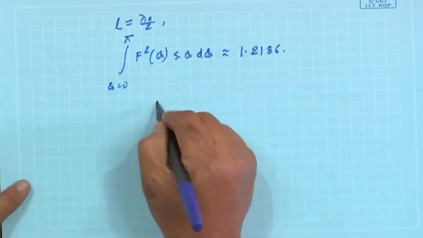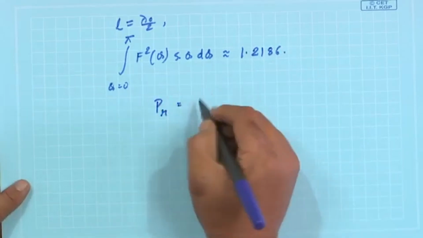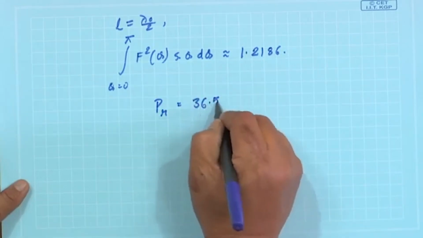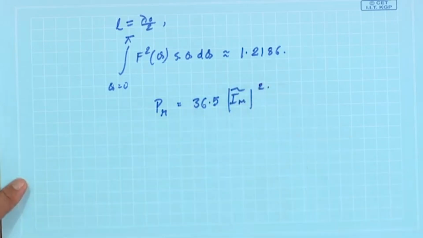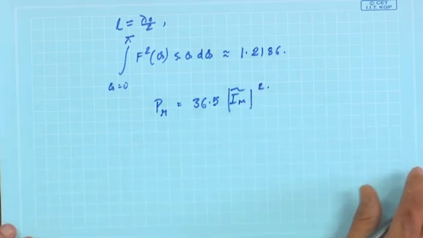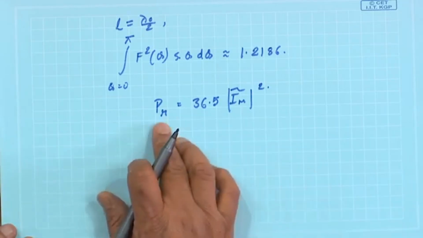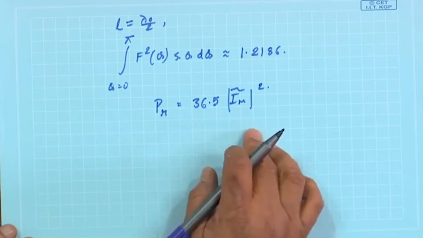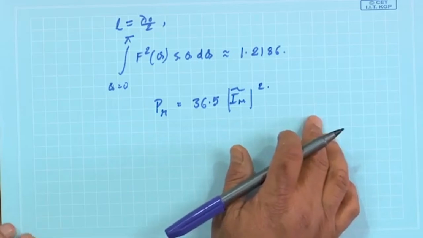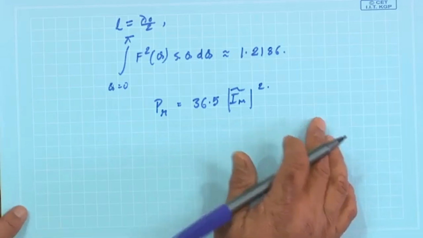If we put that, then P R becomes 36.5 Im square. Now, what was our definition of radiation resistance? The total power radiated is equal to the radiation resistance times I RMS square. Now, we will have to find out what the I RMS square is.